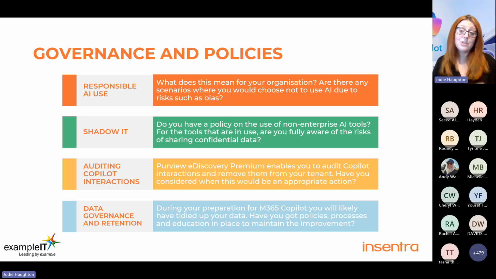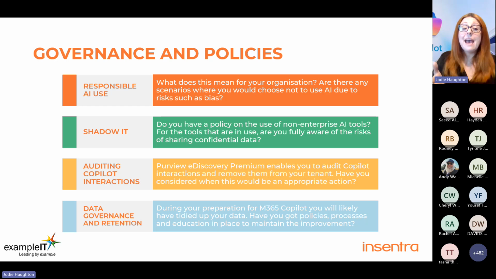Those are conversations that you need to start having right now, because like I say, the stats are out there. It proves it is happening in organisations now. And in order to get ahead of that game and stop adding to that statistic, the sooner you can have that conversation with your users, the better.